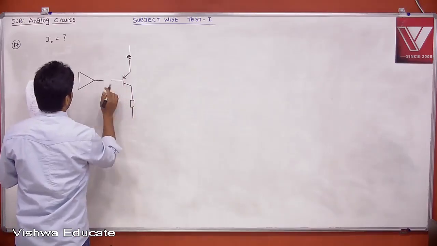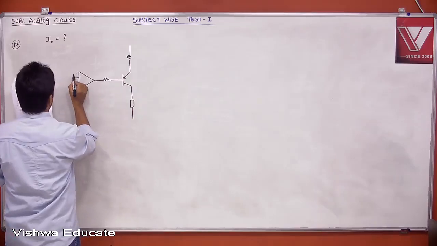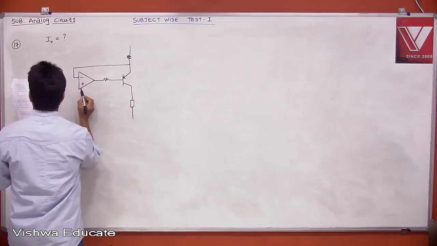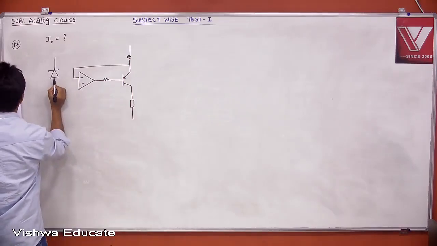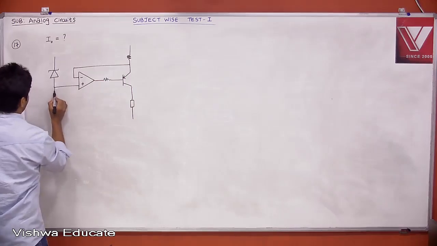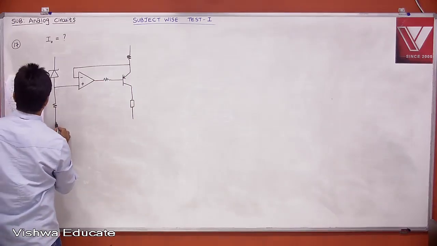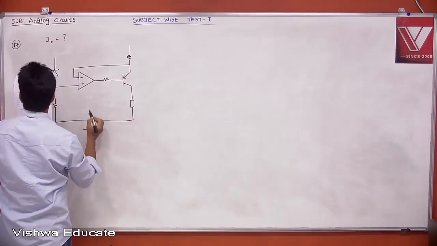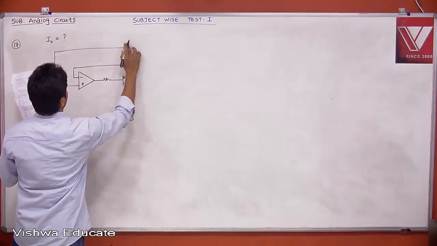There is a resistor in between, and this is connected to this minus and then plus, and it is having a Zener diode. This is ground, and these are all connected to the power supply.